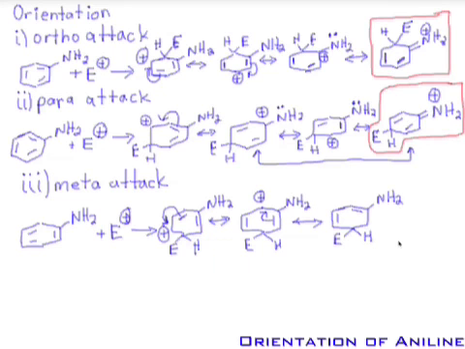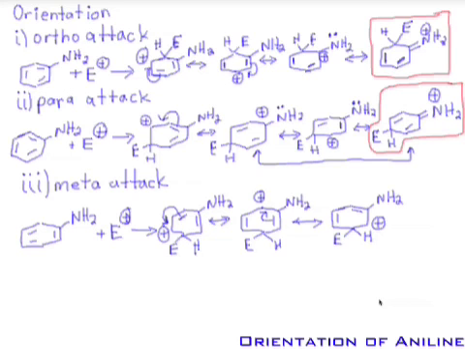So there you have three resonance structures, and you'll notice that the positive charge never ends up next door to the NH2. You cannot dump in the lone pair. Only ortho and para attack produce the fourth resonance contributor, which is circled in red.